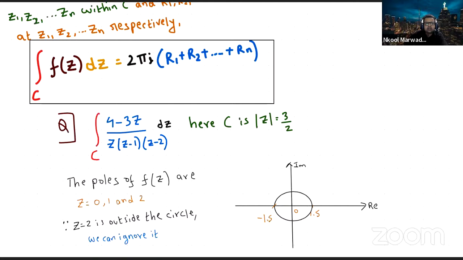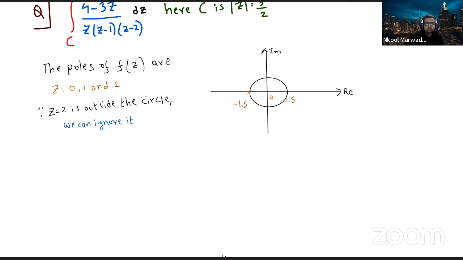So let us see the residues. Residue at z is equal to 0. If you remember, we have already seen a formula to calculate the residue.